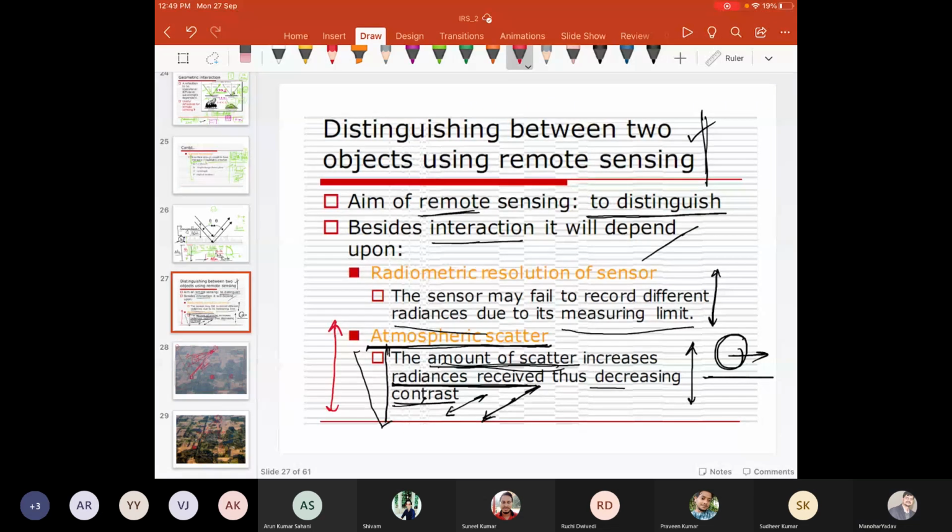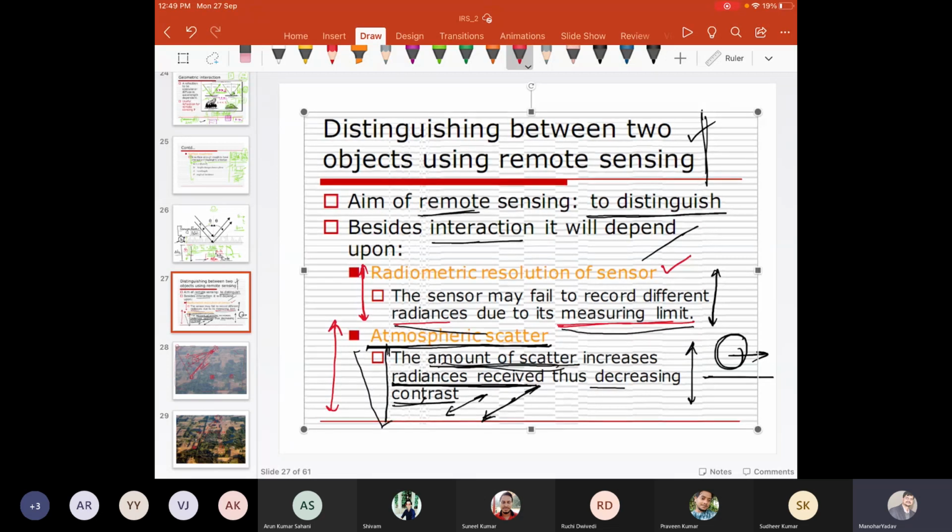Now the first part that I was discussing, the radiometric resolution of the sensor. The sensor may fail to record different radiance due to its measuring limit. I will discuss this part later on. In addition to radiometric resolution, we have three other resolutions that we define with respect to the image.